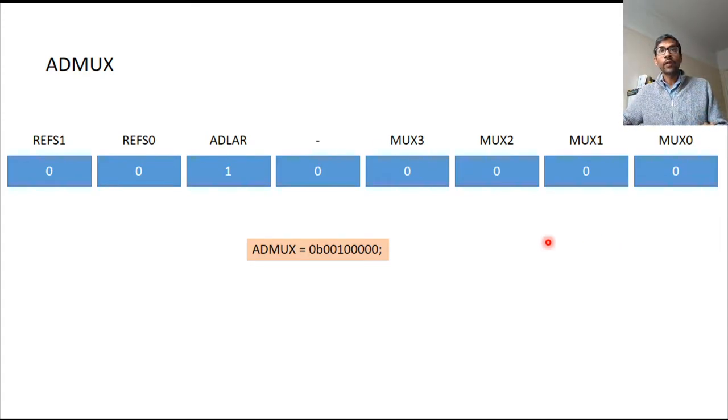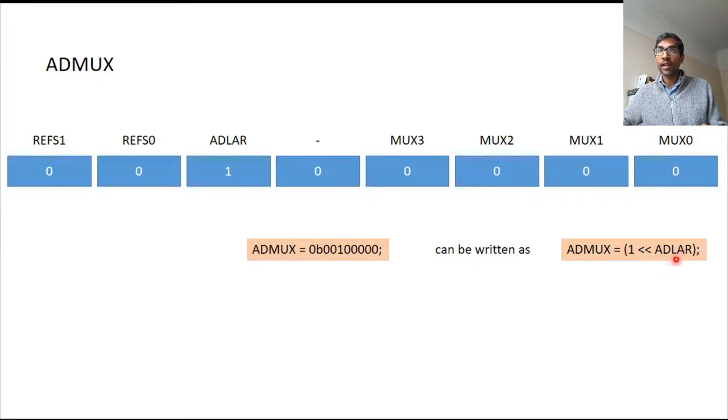Now, right at the beginning, you can see that there is a problem with writing code this way, because you need to know where ADLAR is, and then you need to put it in the correct place here. So an easier way of writing the same thing would be to write it like this. You say ADMUX equal to 1 left shift ADLAR.